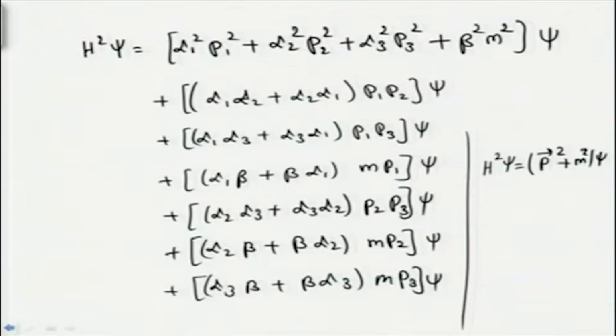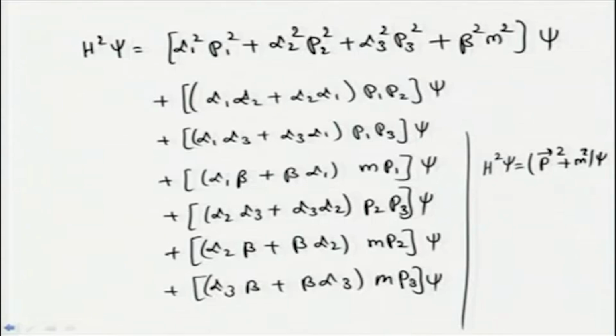Then the other thing is alpha 1 alpha 2 plus alpha 2 alpha 1. There is no such term in the H square, because H square is P square plus M square, and that is already accommodated. Now, the rest of it, all the terms should either cancel with each other or should vanish identically.